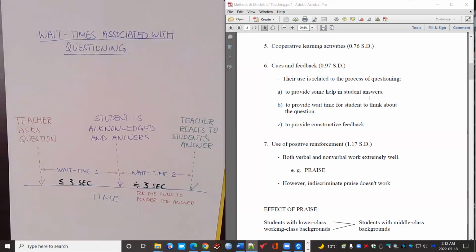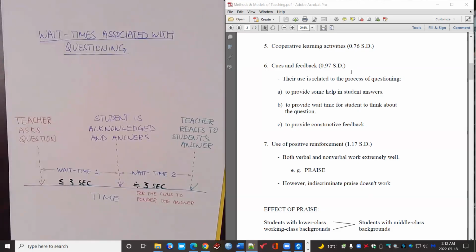Cues and feedback. Remember the wait time here. The teacher accepts and builds on student ideas. And of course here, ask questions and then wait for the students. You don't just ask a question and then answer. Come on.